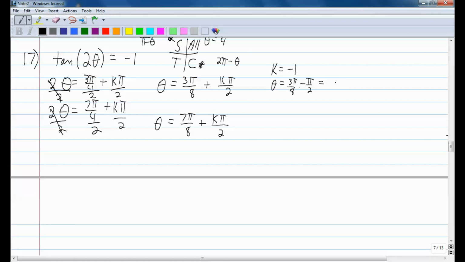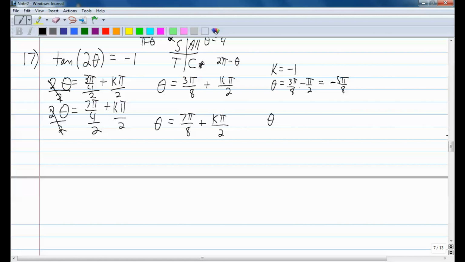That's going to be a negative 5 pi over 8.